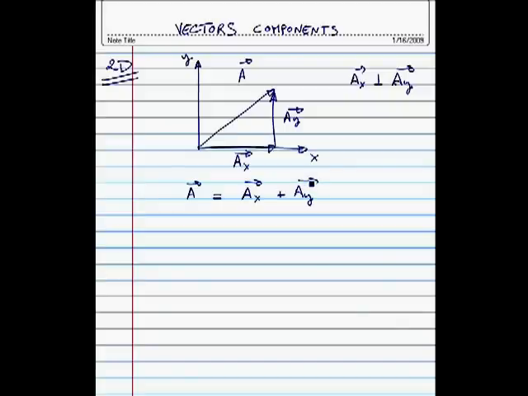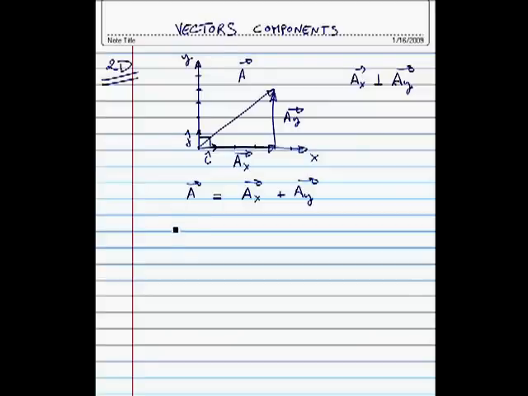We can go one more step and consider a coordinate system which is orthonormal, which means that not only are x and y perpendicular to each other, but the unit length on each axis is the same in the x and in the y direction. I'm going to use a new type of vector along the x direction, which I will call i, and along the y direction, which I will call j, whose magnitude is 1.